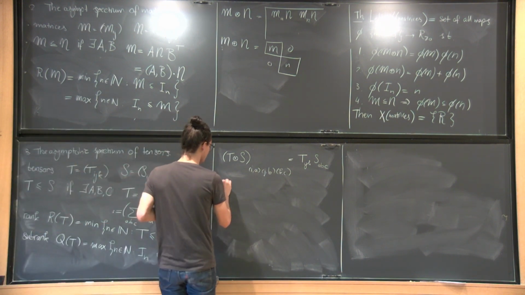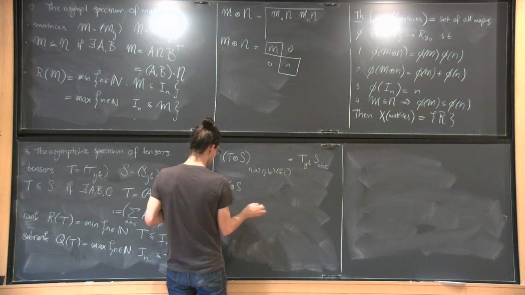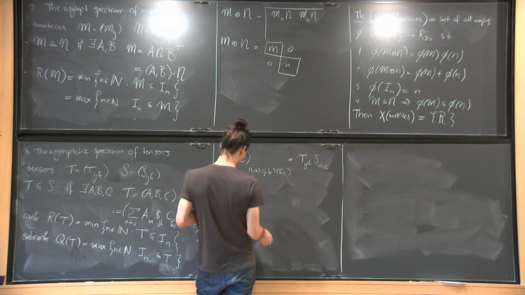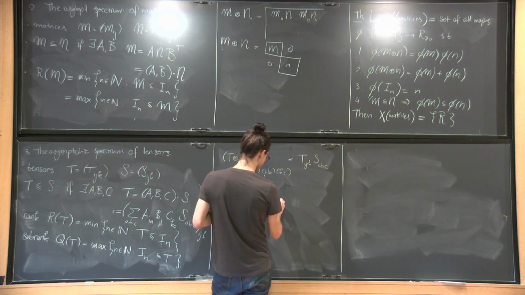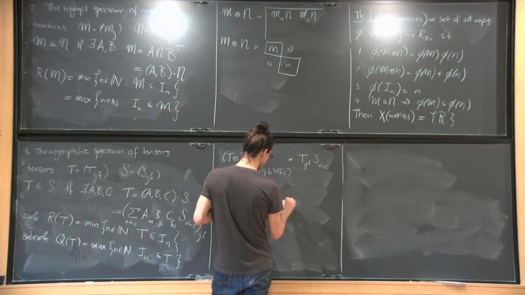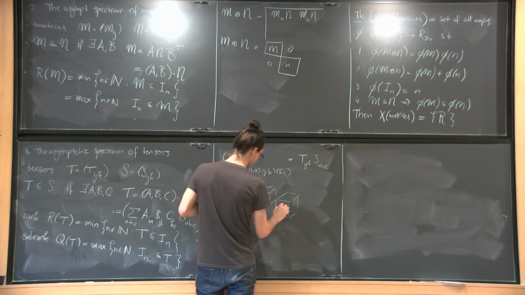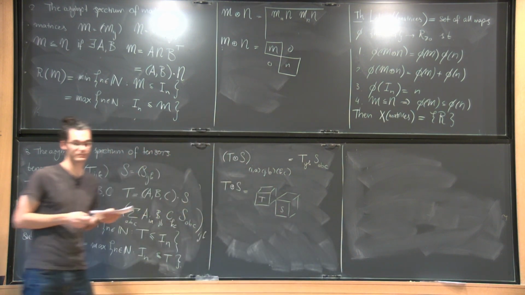The direct sum is easy to define in a picture, so you just take your tensor T and you put your tensor S next to it such that they touch in one corner, and the rest is 0.